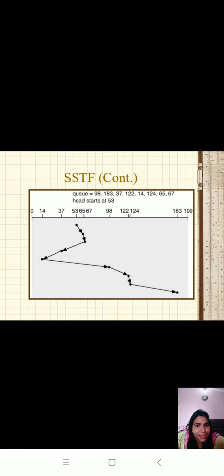Okay, after that 67, after that we can go from 67 to 37, 37 to 14, and after that we can go from 14 to 98 easily, and then 98 to 122 and 124, and after that 124 to 183.